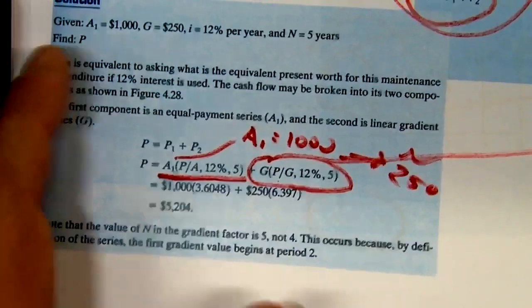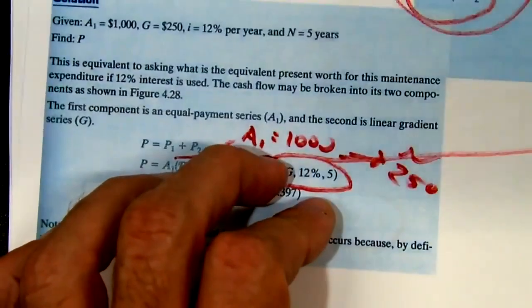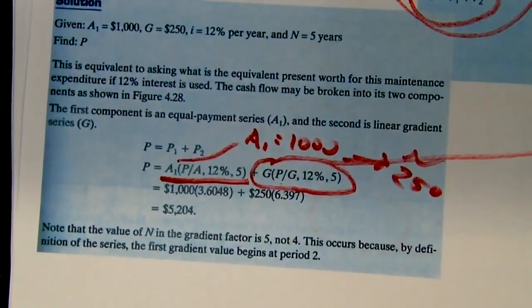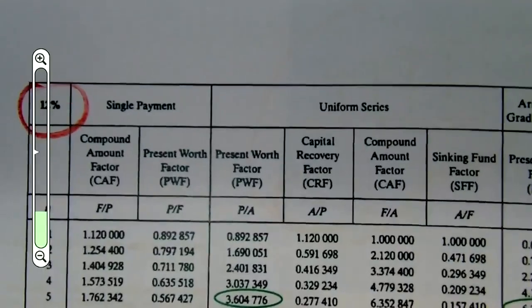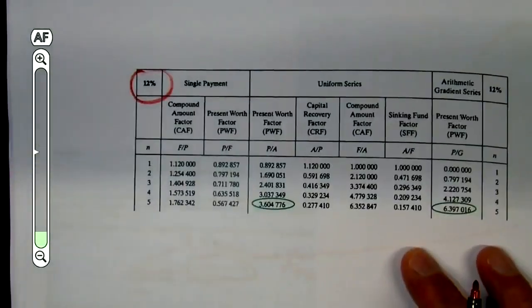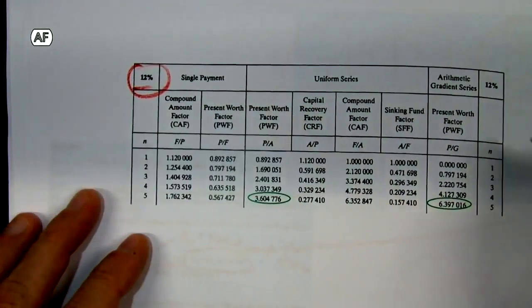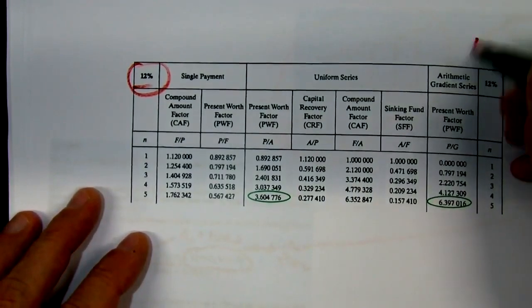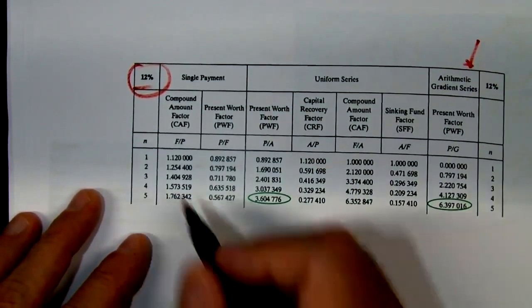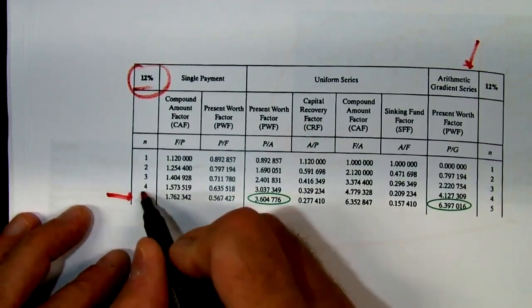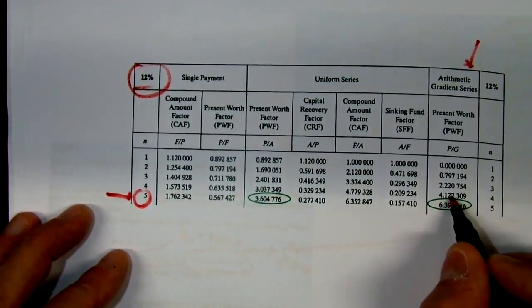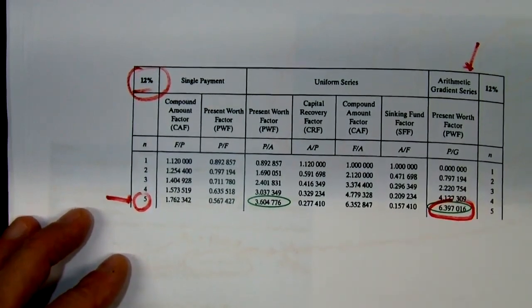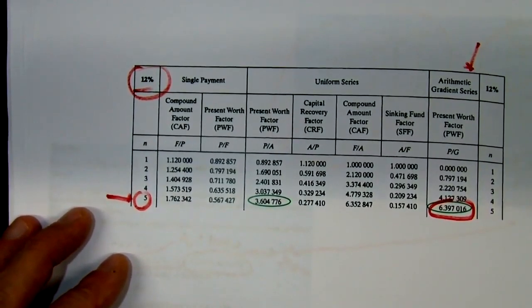Now, where do you get this P given G 12% 5? You go into the back of the book, 12% page, here it is. You go into your P given G formula. The number of periods is 5, so the P given G 12% 5 is right here, 6.397.